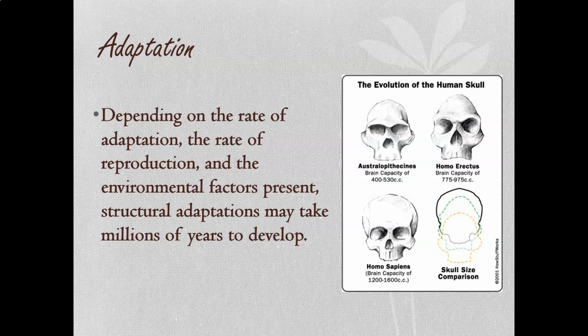So the amount of generations that need to occur in order to see that change probably isn't all that different from the number of generations that a bacterial species goes through. It's just that the recycle rate, the generation time, the time that it takes to get to that next generation is much longer in a human than it is in a bacterial cell.